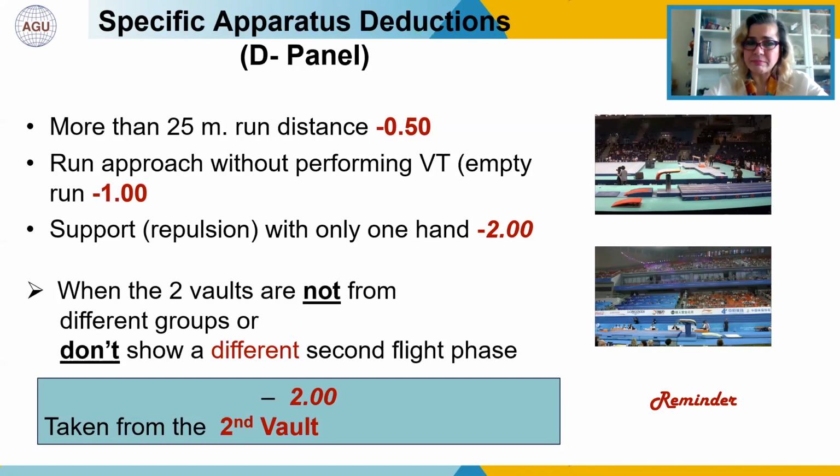So in case she does not use different groups, or doesn't show a different second flight phase, be careful: the D jury will deduct 2 points from the second vault, before she continues to have the average of the 2 vaults and reach the final score. This is very important. And also, if one of the 2 vaults receives 0, then we will have the final score of the performed vault divided by 2, as usual. This is very important as D jury, to know how to deduct and when.